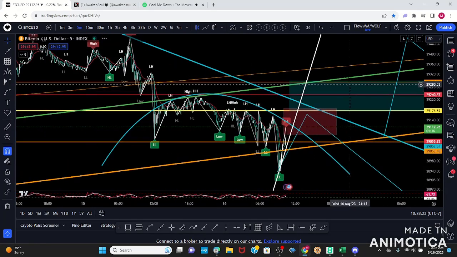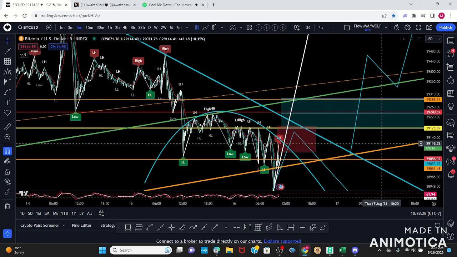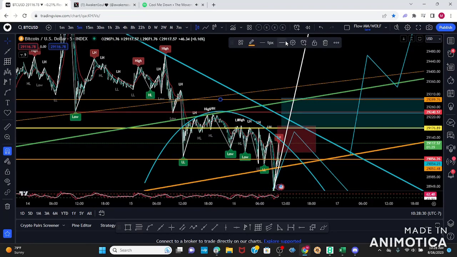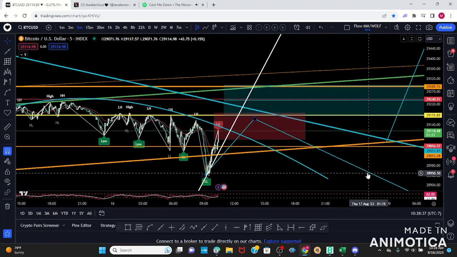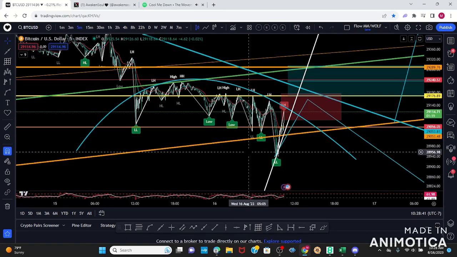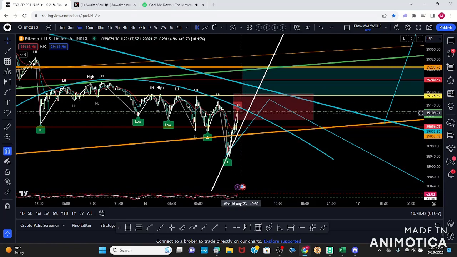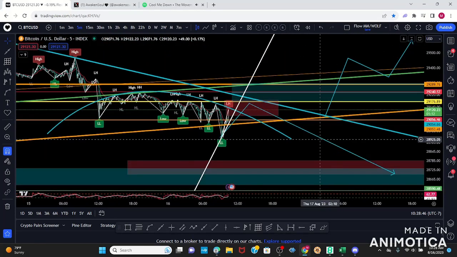I'm not going to take a long till probably this weekly. You know, so you have to have some rules for yourself. Even though it's an uptrend, it's not part of my rules, so I'm not going to do it. I'm going to wait. This is a lower high, and this is where I want to fish for a new short.